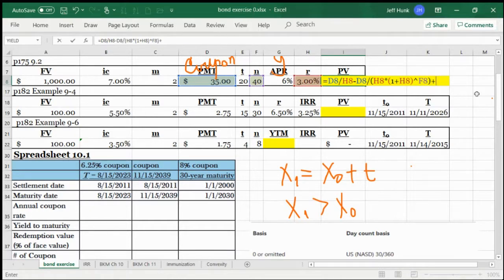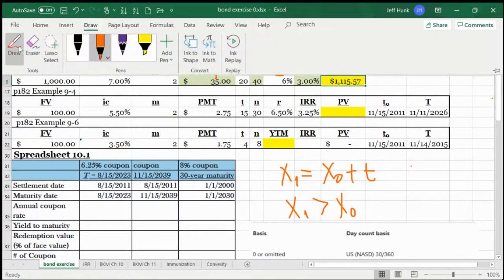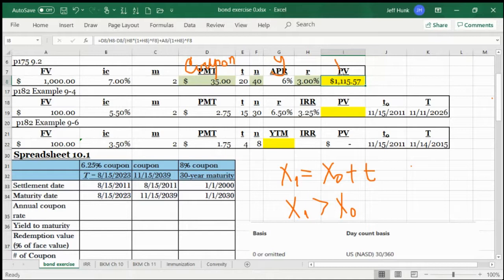And this is only the present value of the annuities. Now, the present value of the par value, a single sum, we divide it also by 1 plus R raised to N. Okay, and then hit enter. We got that. And this is B, the intrinsic value of the bond.